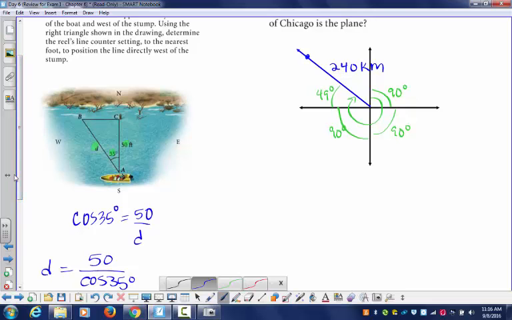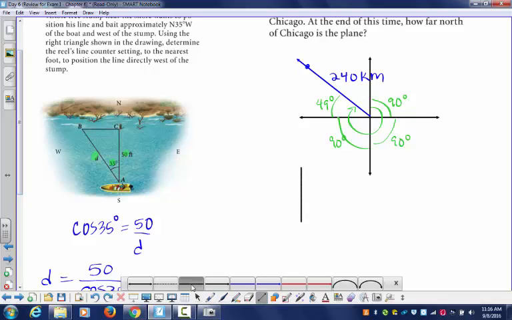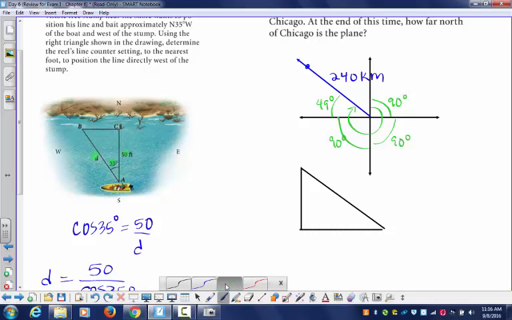And the question says, how far north of Chicago is the plane? The plane is also west of Chicago, so let's answer both. Let's use a triangle. So we'll pull out this triangle. And the reference angle that we're using is 49 degrees. And then let's just call these sides W and N for west and north.